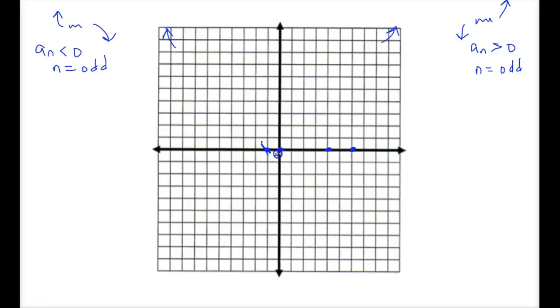Our second is to cross through like this. Our third is to cross through like that. And the fourth is to cross through like that. So if we kind of look at this, we'll see that it'll have sort of this W looking type shape here.